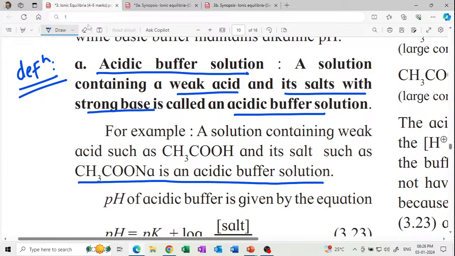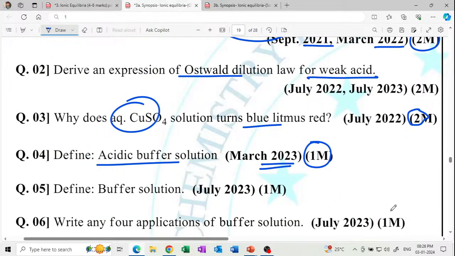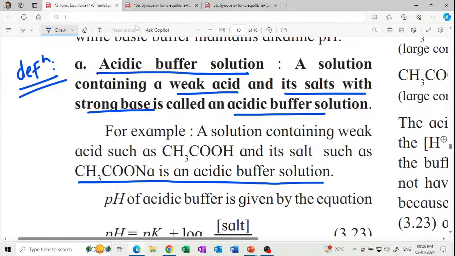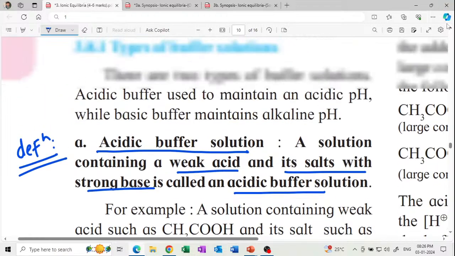Next question. Define the buffer solution. What is a buffer solution? July 2023, 1 mark question, buffer solution.